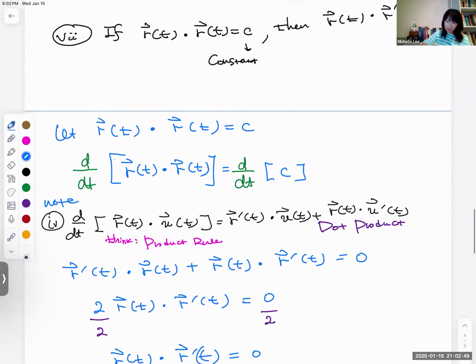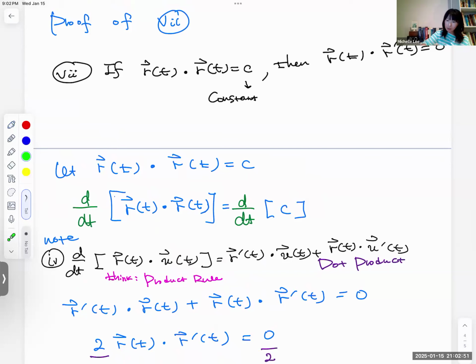All right, let's take a look. So this is the one. If the dot product of r of t and itself gives any constant, then r of t dot product r prime of t equals 0, right?